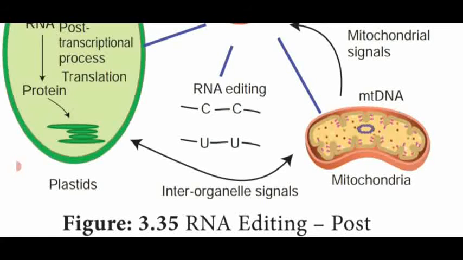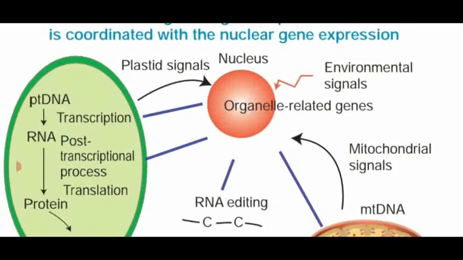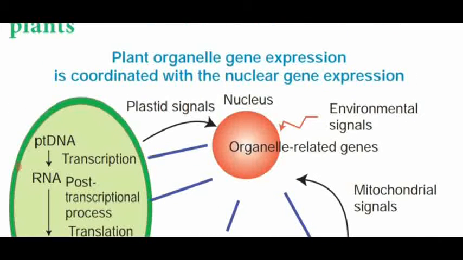Okay, that is said to be RNA editing. And also signals take place between the organelles, interorganelle signals. Mitochondria give signals to the chloroplast, and the chloroplast gives signals to the mitochondria. So these are all the activities taking place between cell organelle gene expression and nuclear gene expression.